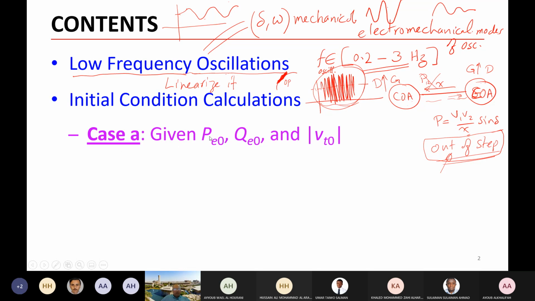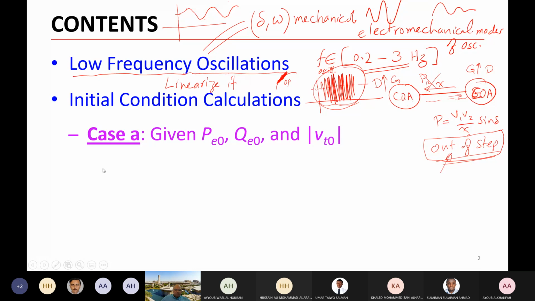And this is usually the case. Usually when you solve the load flow problem, you have the terminal voltage from the load flow, and the real power and reactive power output of the generator. These are local measurements.